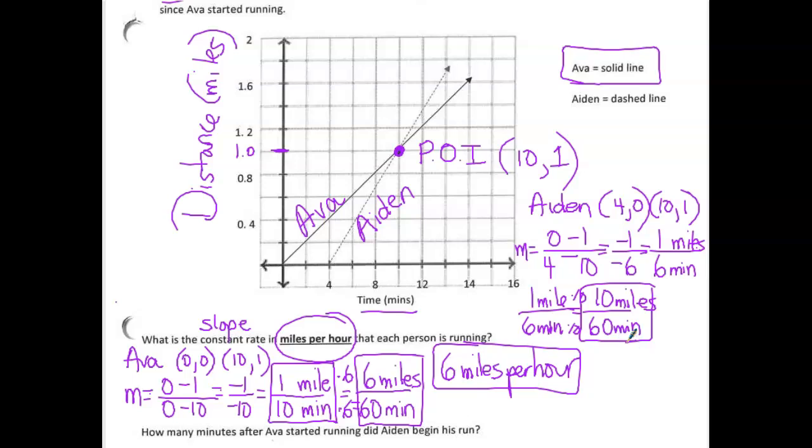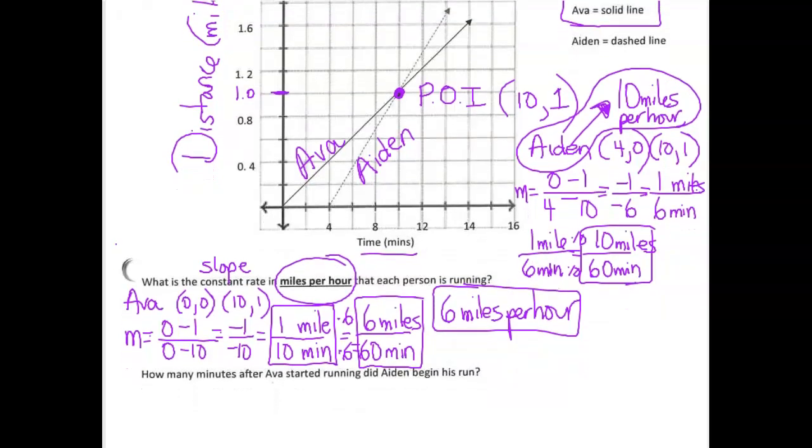That means that Aiden runs 10 miles per hour. So make sure you get all that information from your graph, because that's how you find their rates in miles per hour. Now let's go down to the next question.